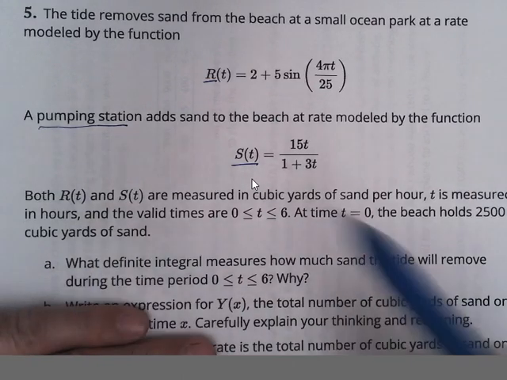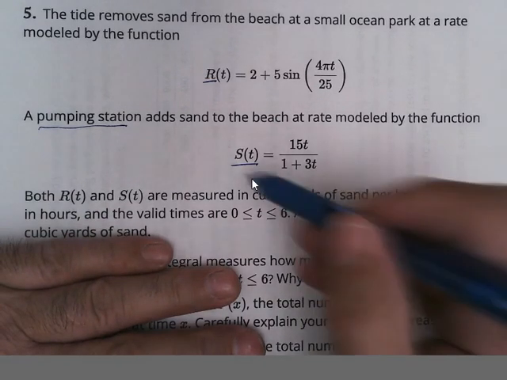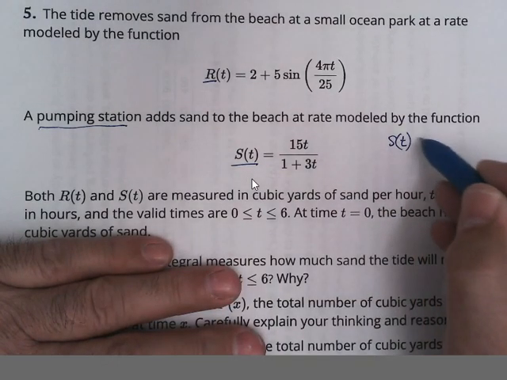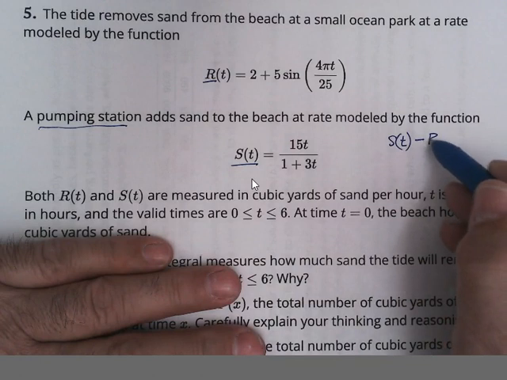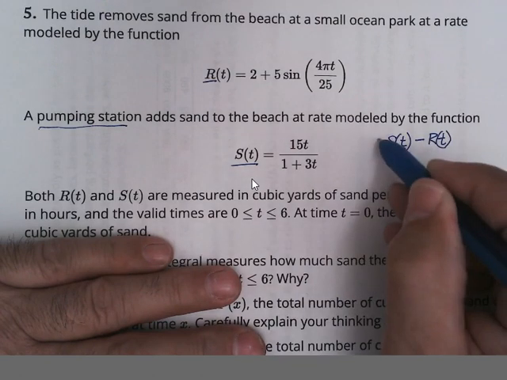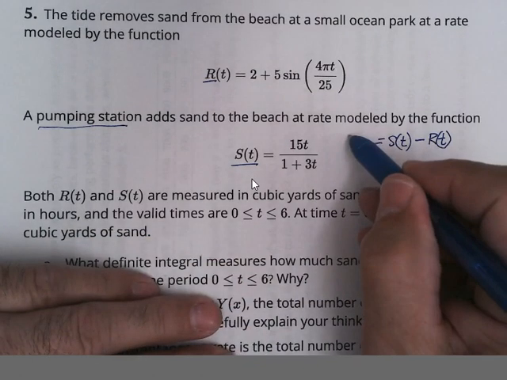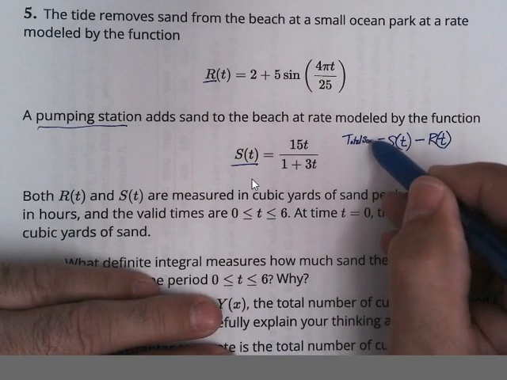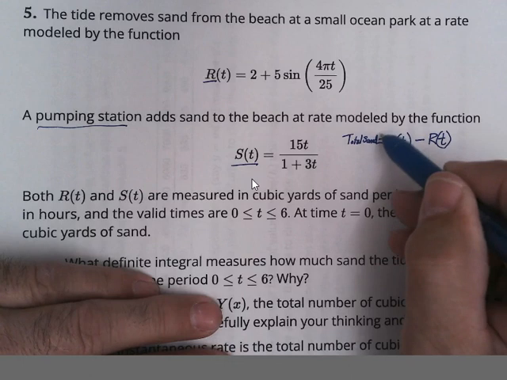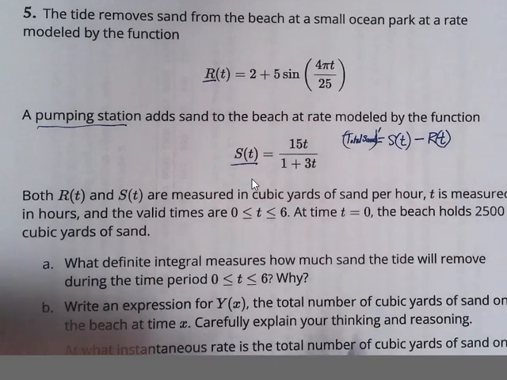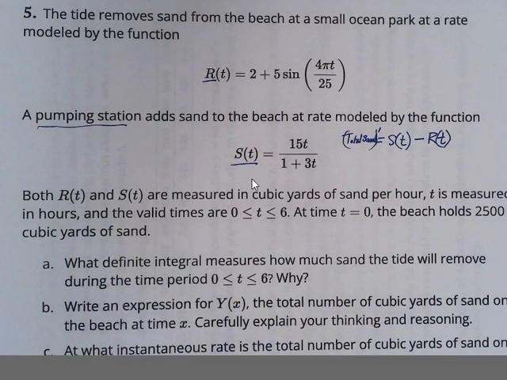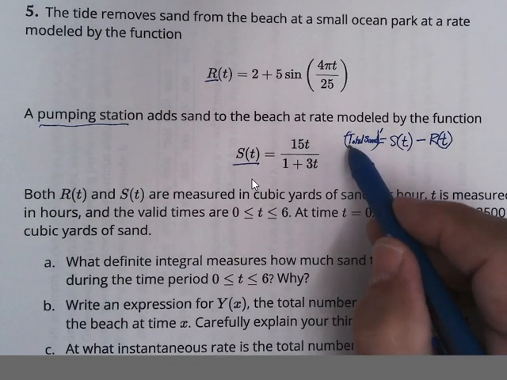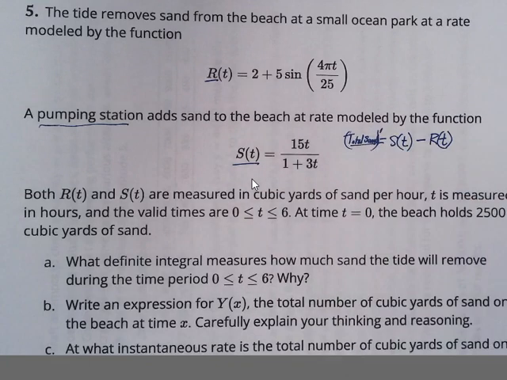So the net change in the sand would be the sand that's being put back minus the sand that's being removed by the tide. It's kind of the derivative of the total sand, because this is the rate of adding, this is the rate of removal, and so this becomes the rate of change of the total sand.